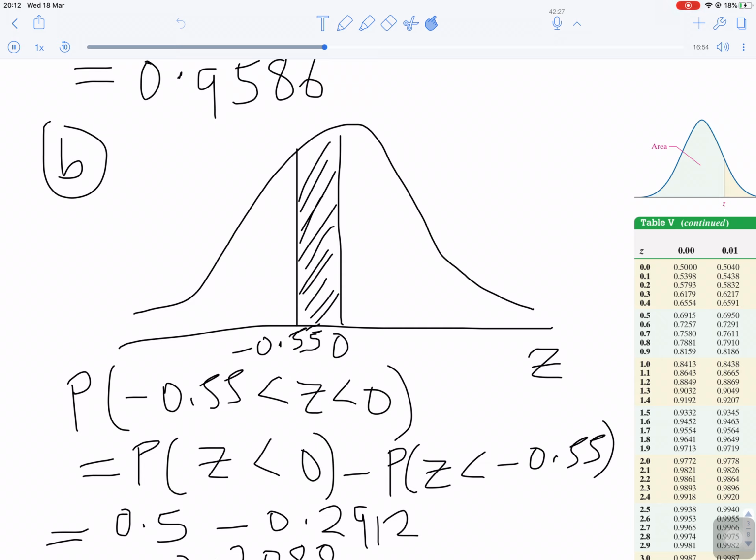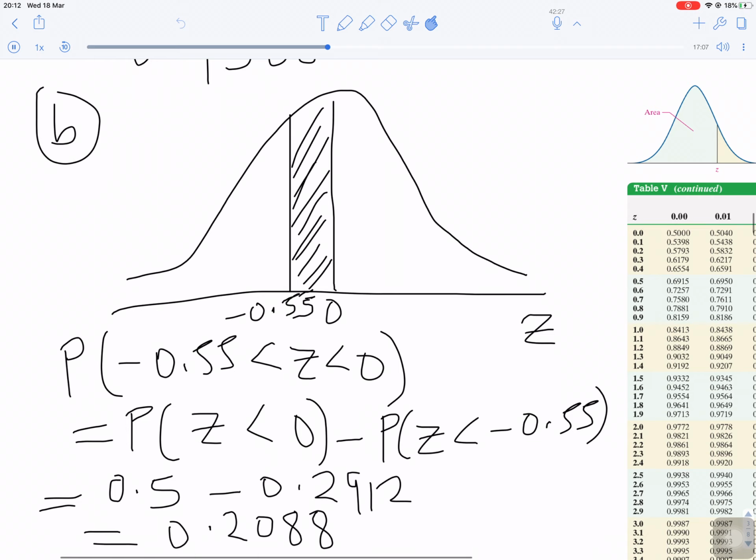So mathematically, that is probability of negative 0.55 is less than z less than 0. The region is shaded in the picture. Now we have to rewrite like we did before. That is probability of z less than 0 minus probability of z less than negative 0.55.